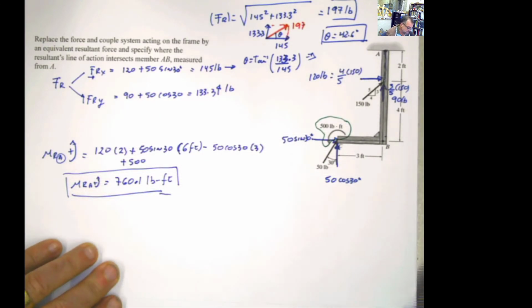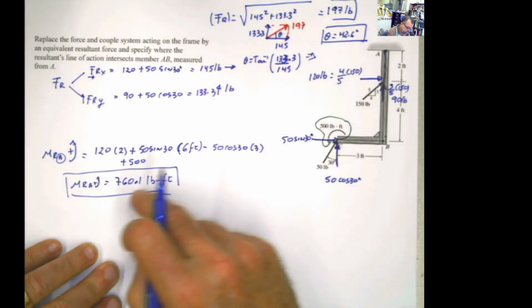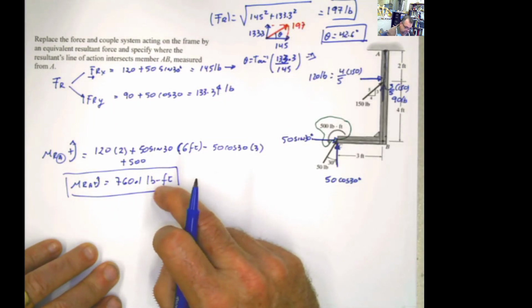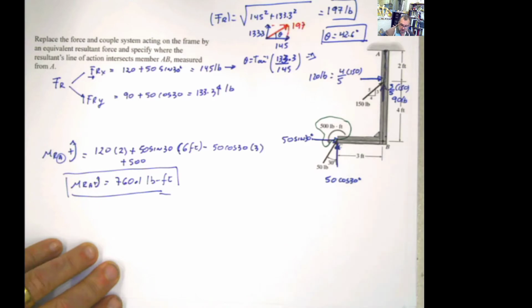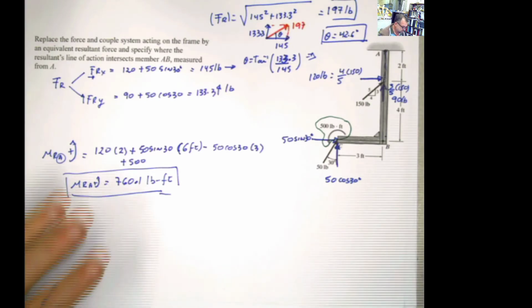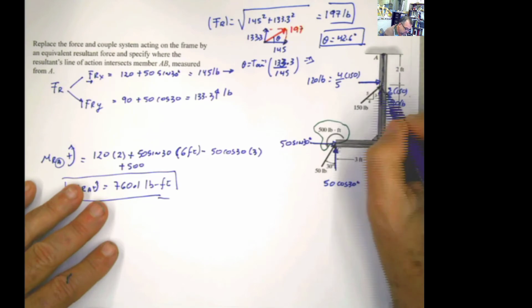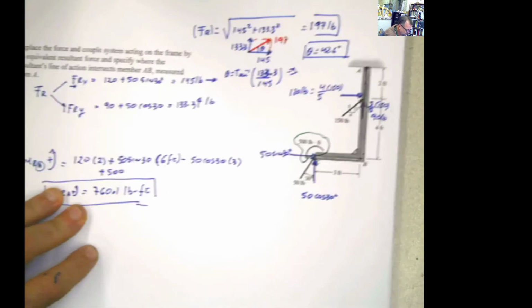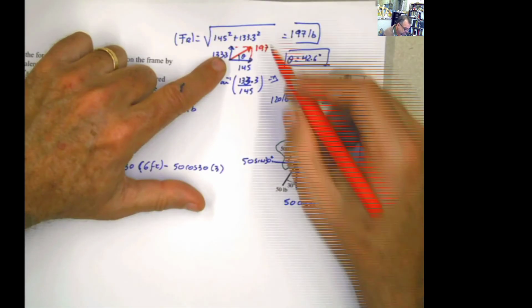Now the problem wasn't asking me for these two intermediate steps or for this step, but now I can go and I can say this. What the problem in reality asks is: forget about all the forces, forget about this, forget about this, forget about this, and focus only on this resultant force.